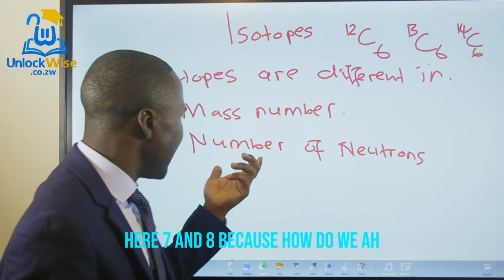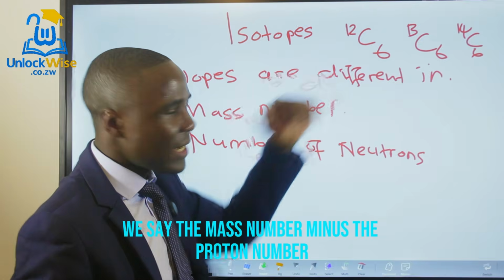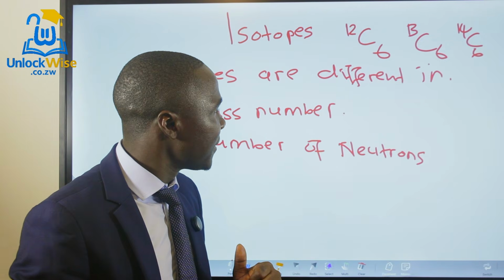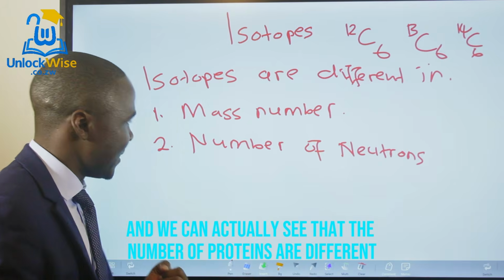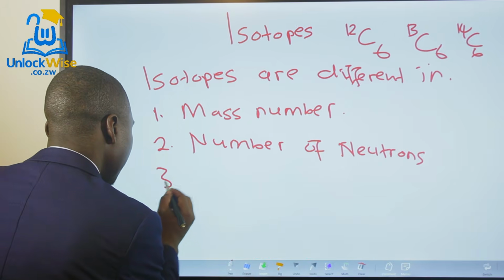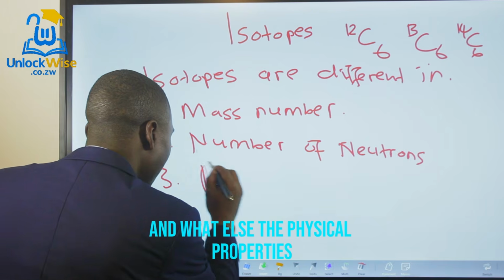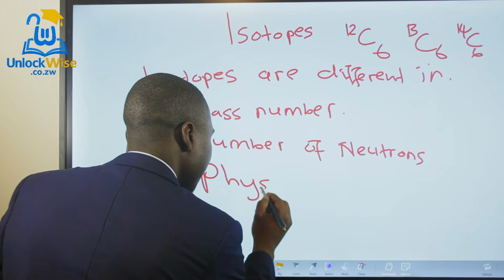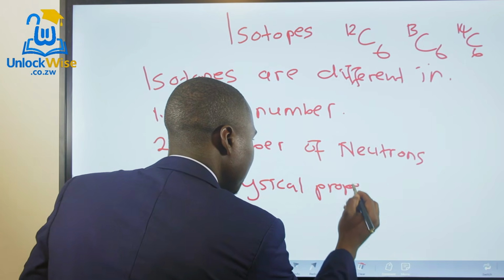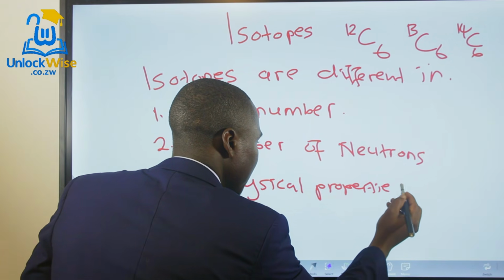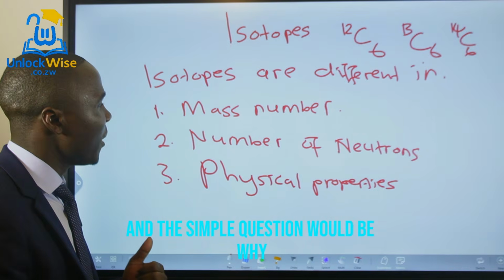Because how do we calculate the number of neutrons? We say the mass number minus the proton number. And what else? The physical properties. And the simple question would be, why?